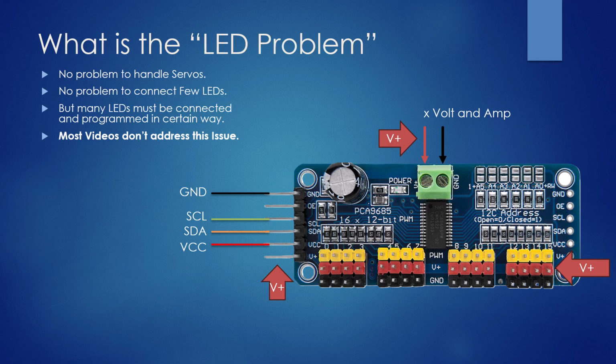We also have a V+ input for an external power of X volt and amp. The V+ power could be either connected to the green screw terminal that is polarity protected, or to the V+ pin that is not protected. The V+ power output is on all the 16 red pins.